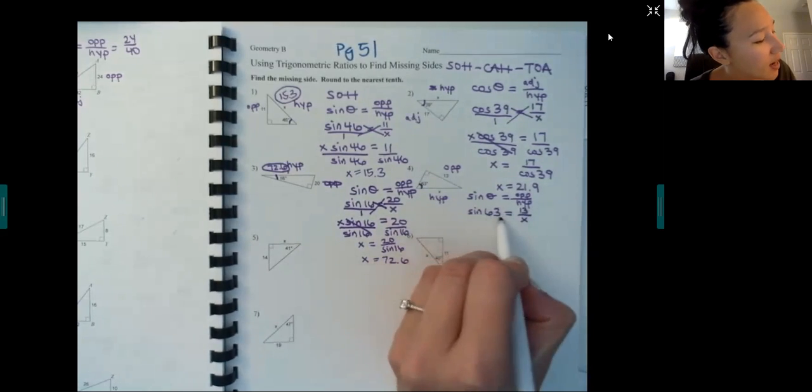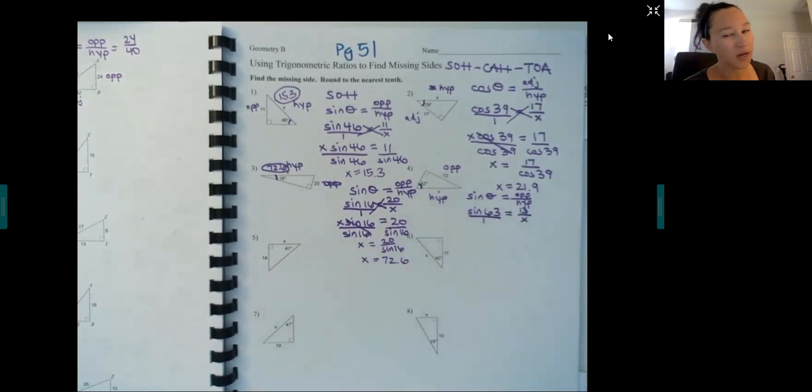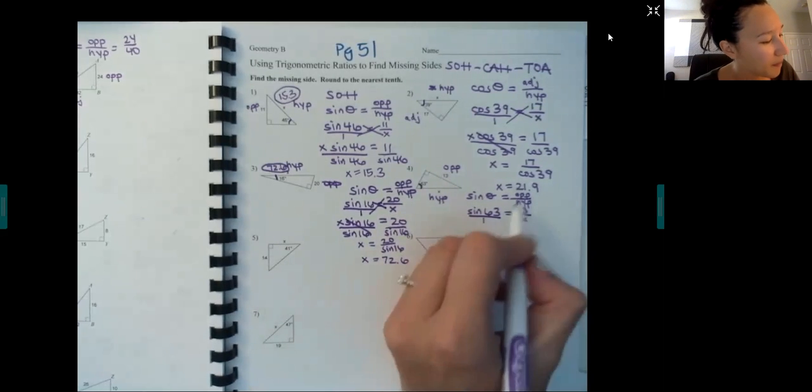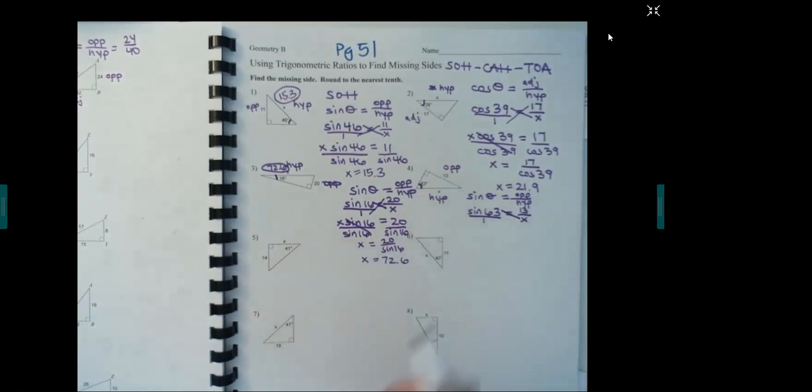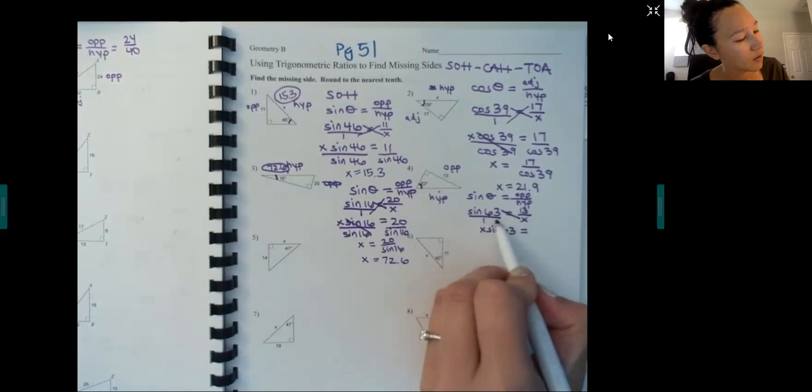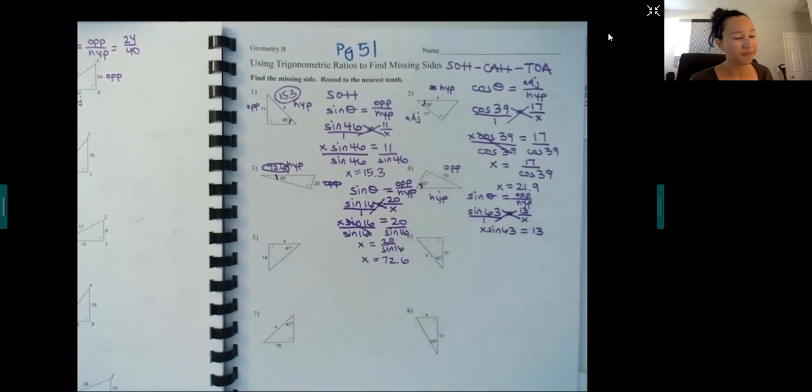Okay, and then Jose, next we need to cross multiply. So what am I going to get when I cross multiply? You're going to get X times sine 63, equals 13. Very good. And then Jasmine, what am I going to do to solve? You divide. What am I going to divide by?